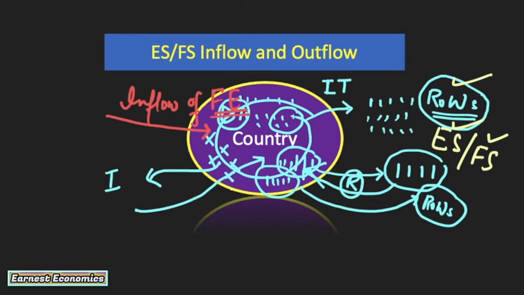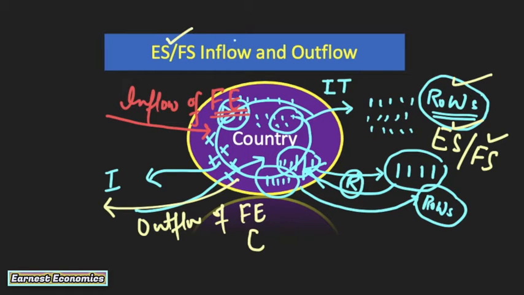However, when money moves out from, for example, our country to the rest of the world, we call it outflow. Outflow of foreign exchange, or we can say outflow of our currency. It may even be domestic currency.